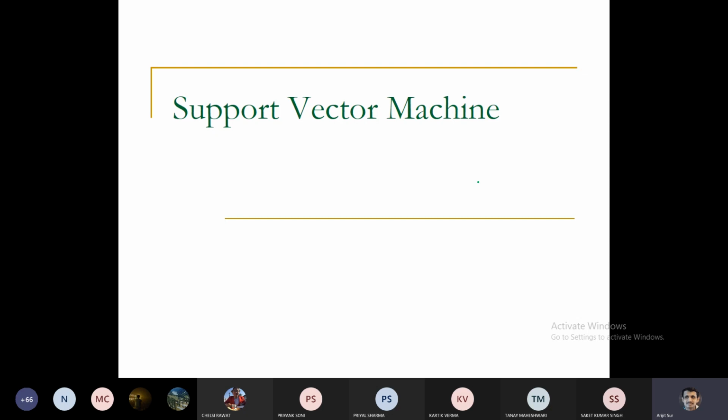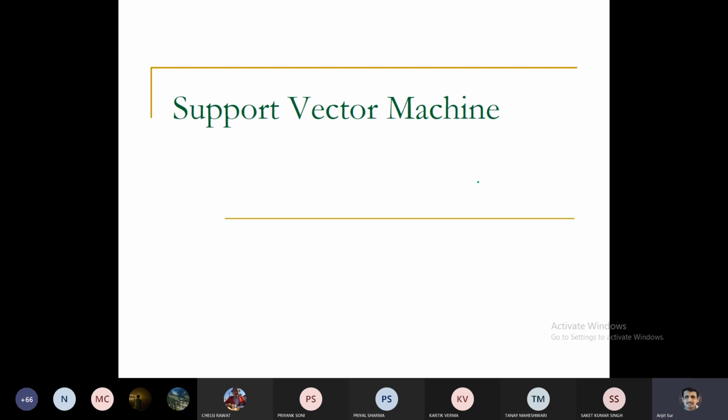But there is a question: are the data which have been given always linearly separable? That is a very interesting question, which we'll see in these lectures on support vector machine. First we start with our concept. Since we are familiar with logistic regression, we start understanding the support vector machine from a logistic regression viewpoint.